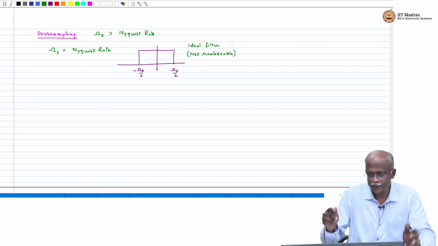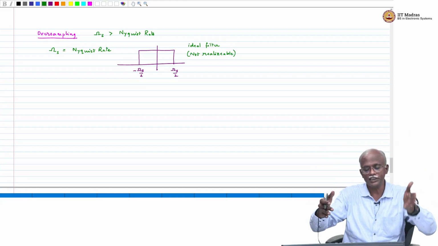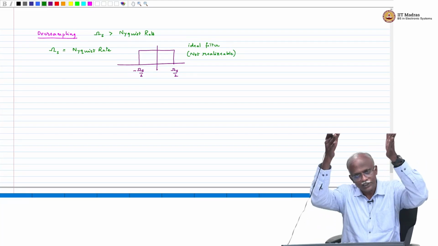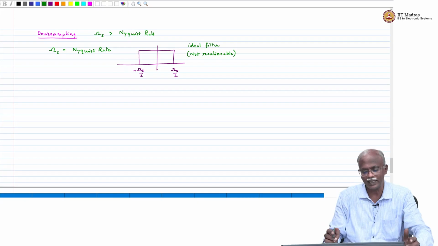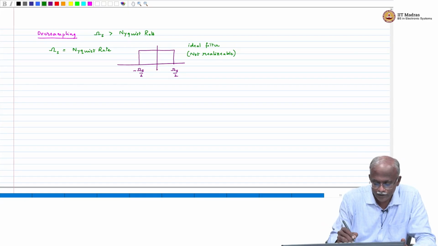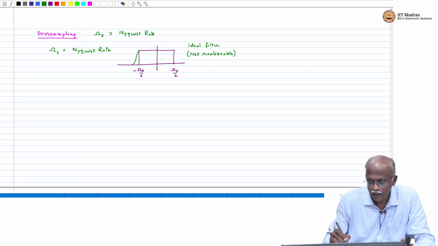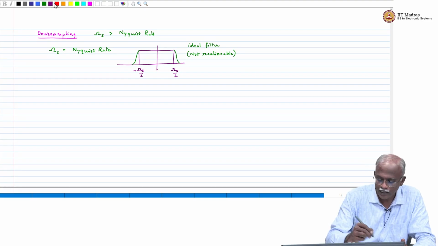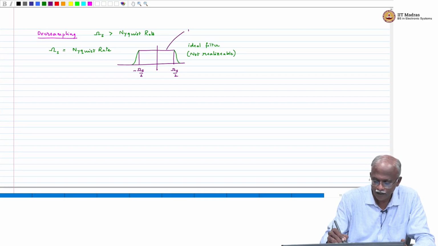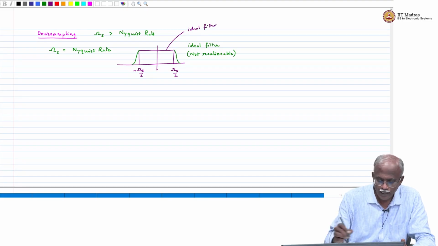We cannot get filters which have a transition from pass band to stop band that is exactly like a straight line. What we are likely to get is a filter which has a response that looks more like this. This is an ideal filter and this is a practical filter.